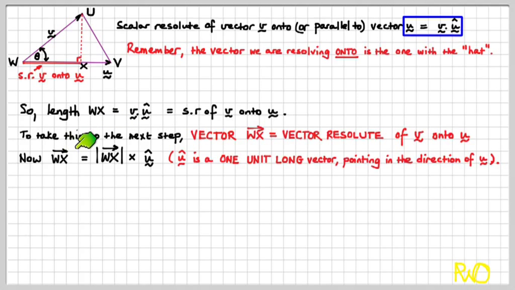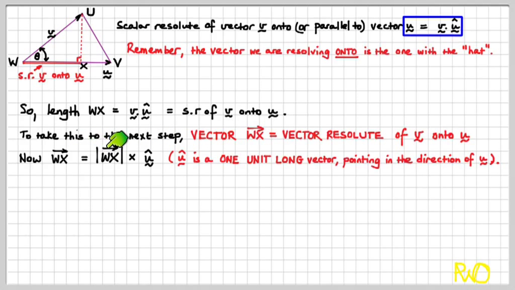Vector Wx has length of that, which is actually the scalar resolute, as we found above. The length of that line Wx times u hat, which happens to be a 1 unit long vector pointing in the direction of u, as I've told you here. Right? Does that make sense?